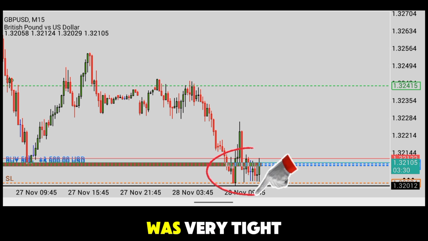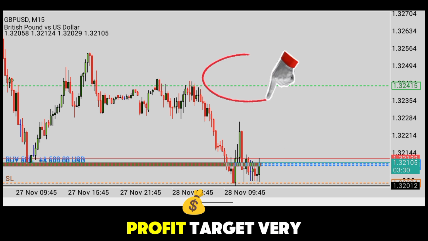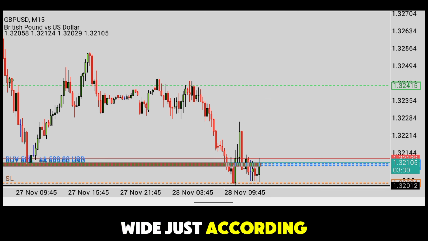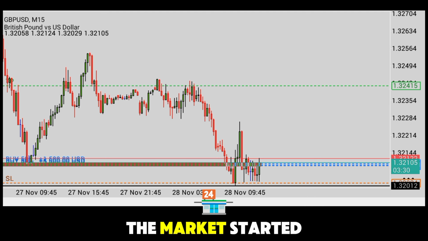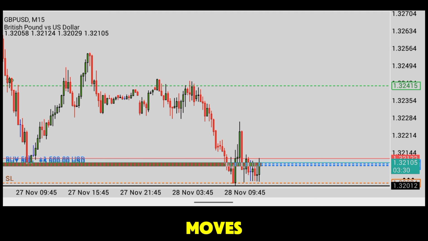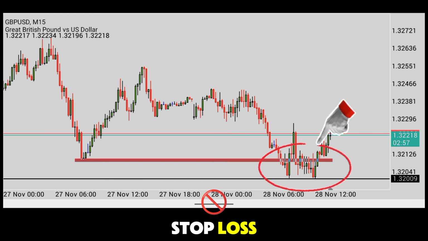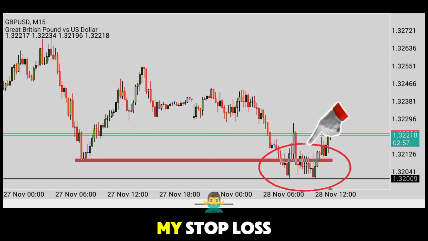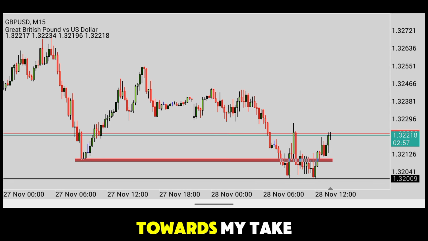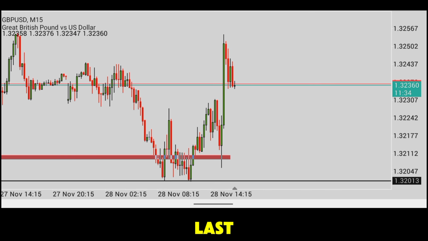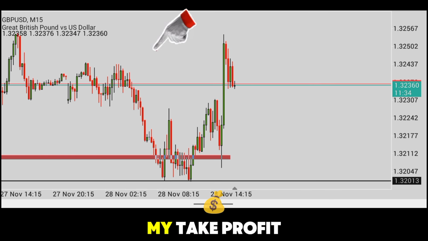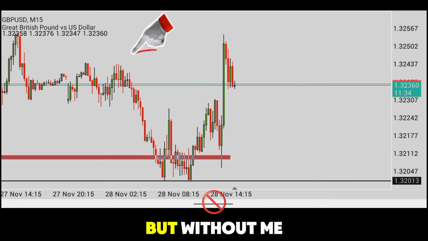My stop loss was very tight, and my take profit target very wide, just according to my strategy. The market started making some price moves, and then came the stop hunt. It took away my very tight stop loss, moved some tiny pips down below my stop loss, and started moving towards my take profit target. At last, the trade was able to hit my take profit target level, but without me.